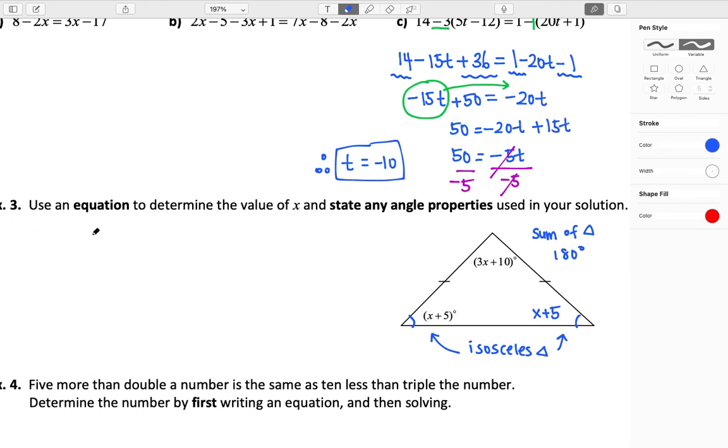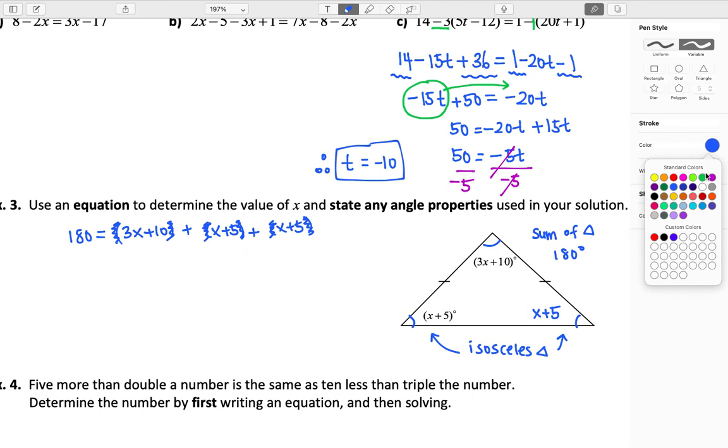So therefore, 180 is equal to the first angle, 3x plus 10, plus x plus 5, plus another x plus 5. When we're adding, you can just get rid of the brackets, because nothing is in front of them, so no distributive property.